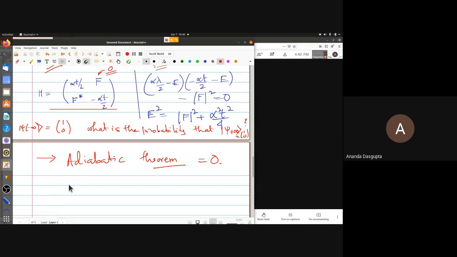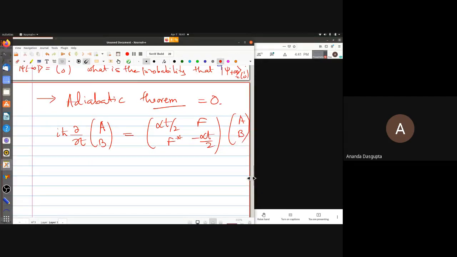So once again, the basic thing that we are trying to do is this: iħ ∂/∂t of (A, B) is... So this is the equation we are trying to solve.